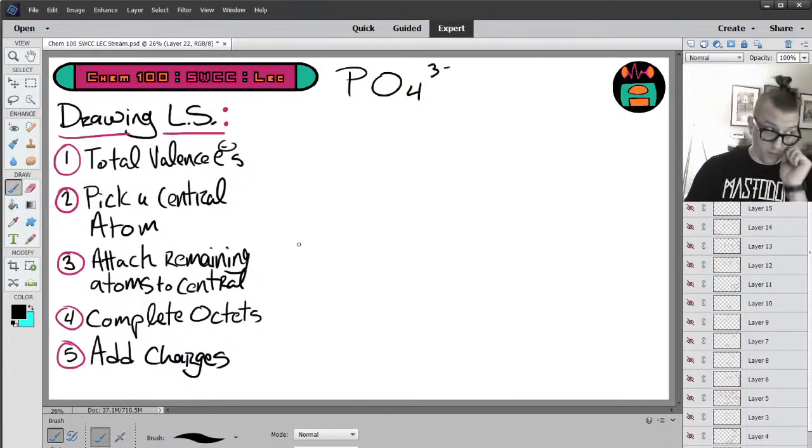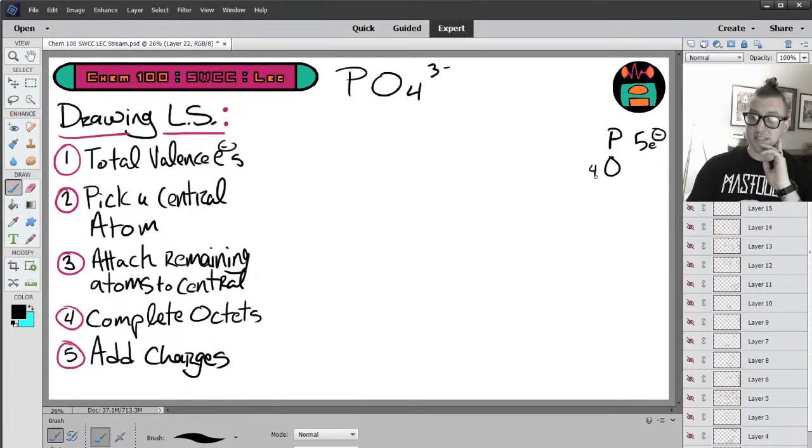Let's do the Lewis structure for phosphate. -3 charge. Phosphorus has 5 valence electrons. We get this from the periodic table. Oxygen has 6. We have 4 of them. So it's 24. Now our charge, which is -3, means that there are 3 extra electrons in this structure that wouldn't normally be there if it were neutral.